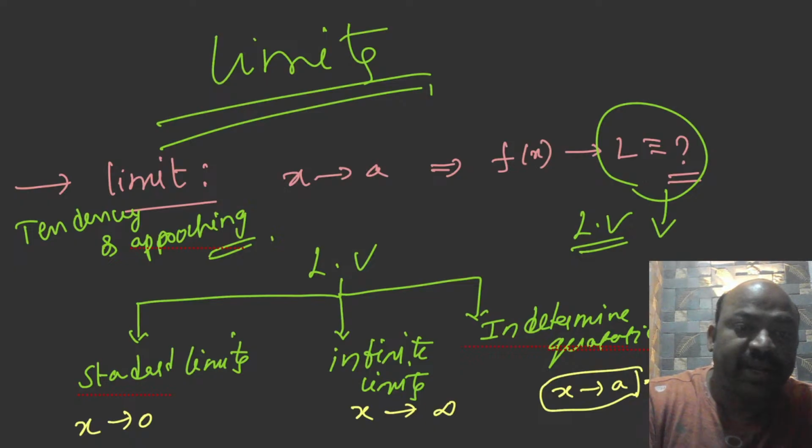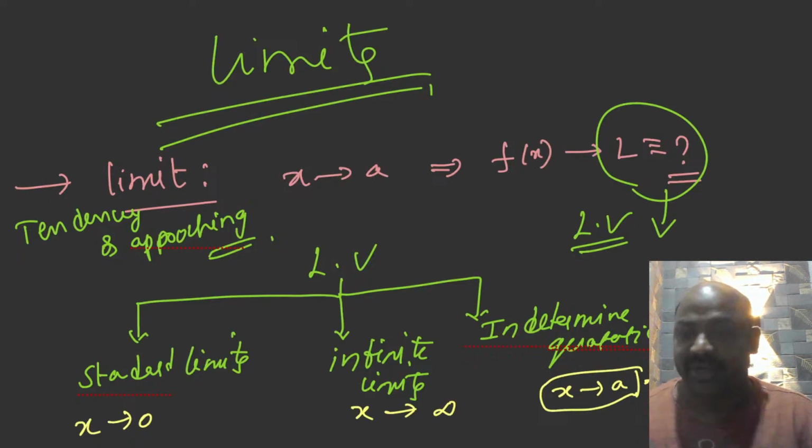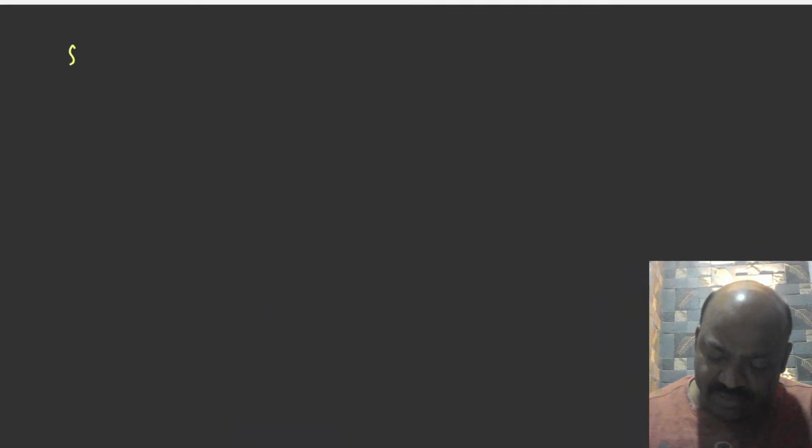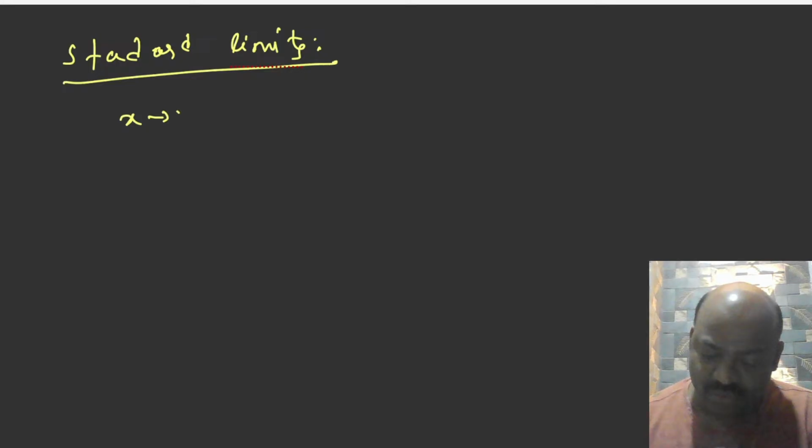Now put the heading: standard limits. One by one, we will finish it. Standard limits are very, very important. These are the limits when x tends to 0.